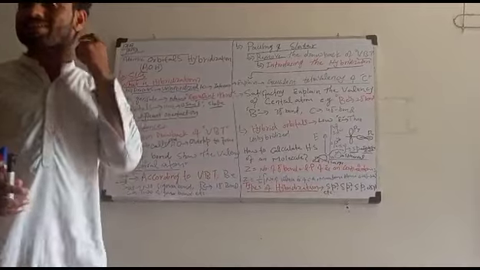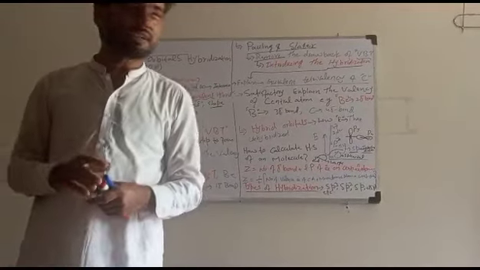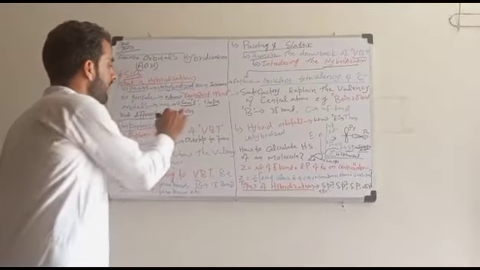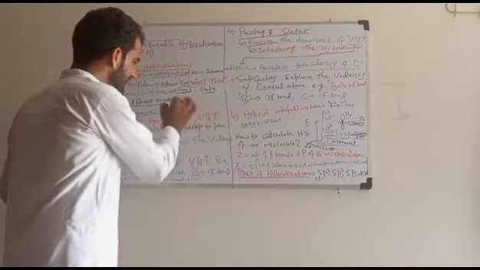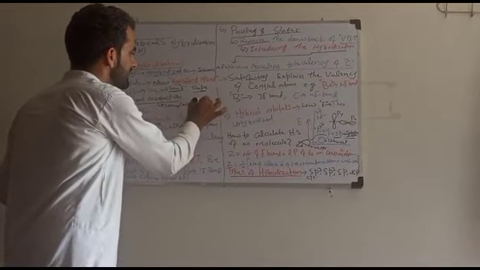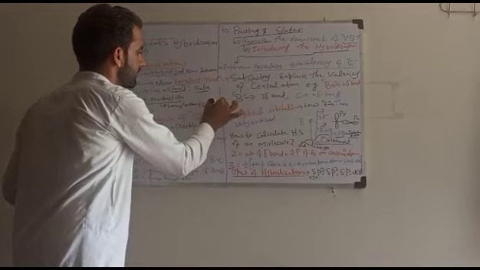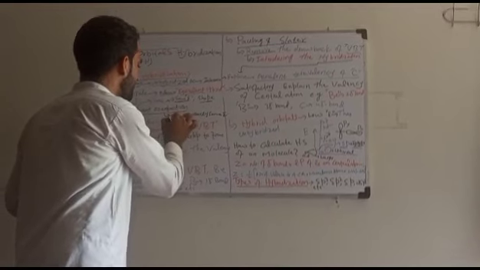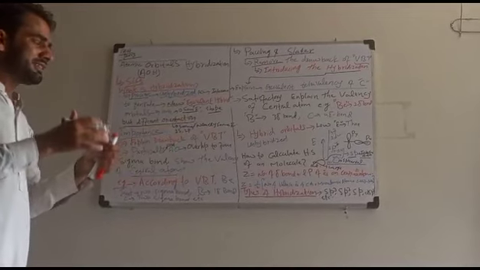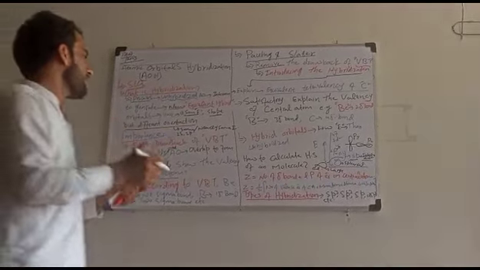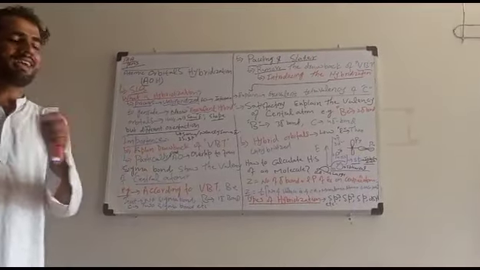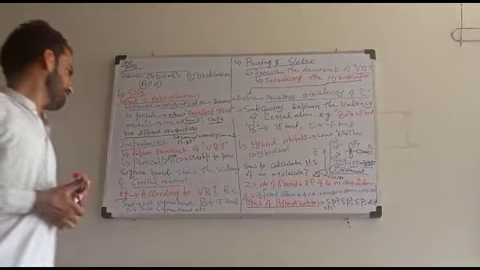One question arises here: which orbitals intermix? The orbitals that intermix in hybridization are those which have the same or nearly the same energy, like 2s and 2p. Two orbitals with only a slight energy difference, not a large one. When we say 2s and 3p, that orbital intermixing is not possible.